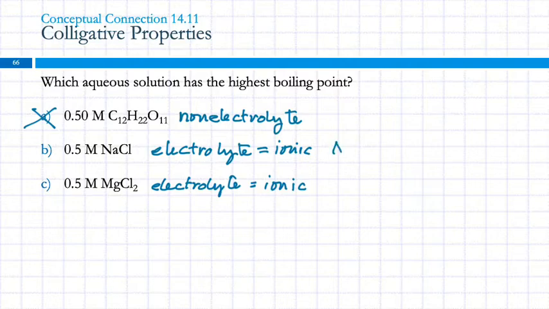When sodium chloride dissolves, what do I get? I get sodium ions and chloride ions. How many ions is that? 2. Get 2 ions. So my expected Van 't Hoff factor would be 2. What about MgCl2?